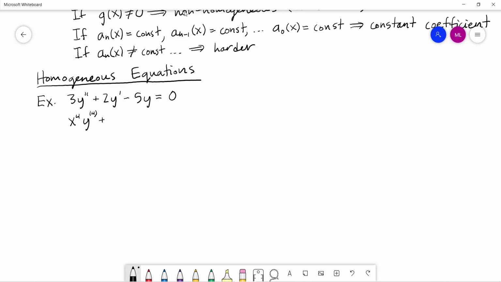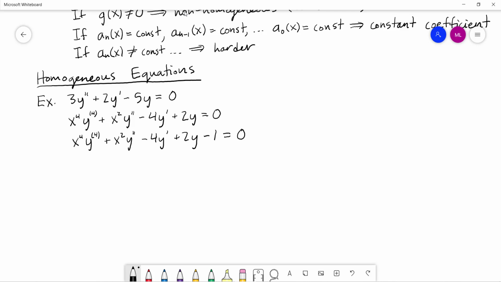So maybe it looks like that, plus an x squared times the y double prime term, minus 4y prime, whatever, plus 2y equals 0. And maybe here's another one, x to the fourth, again, y of 4 plus, whatever, x squared, y double prime minus 4y prime plus 2y minus 1 equals 0. How do we classify each one of these?